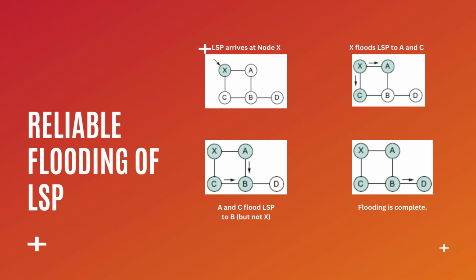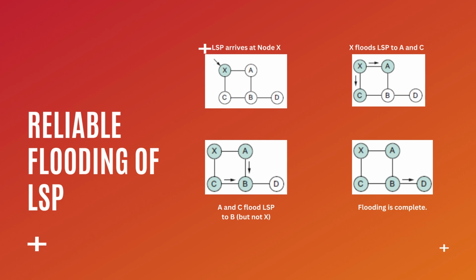If the information is new, then node A will update the existing link state packet with the newest information that it has received. If the information is old, node A will simply discard the link state packet which it has received. This way the reliable flooding works.